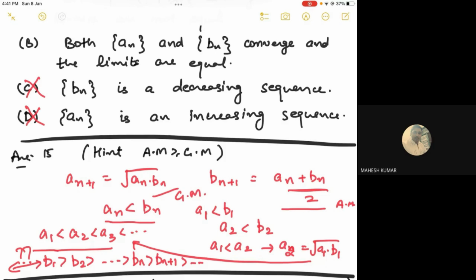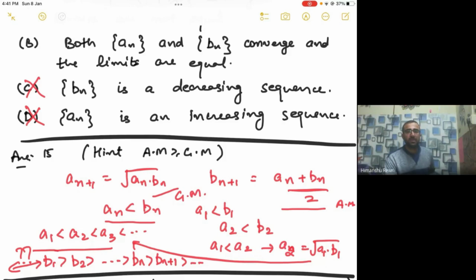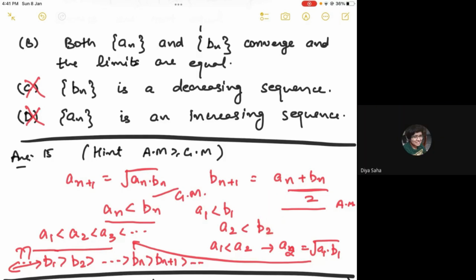My question is why An and Bn are bounded. All terms in A are bounded by B1. So the sequence An is bounded by the Bi's and the Bi's are bounded below by the A's.